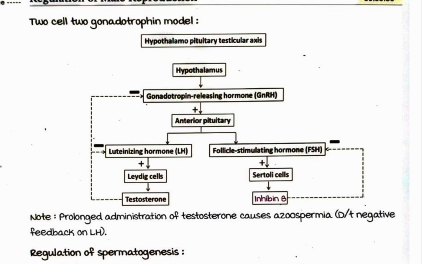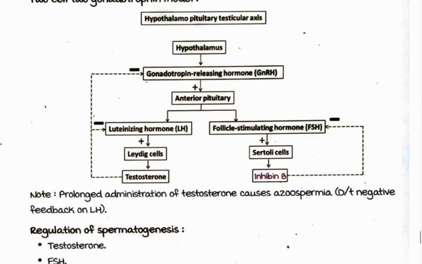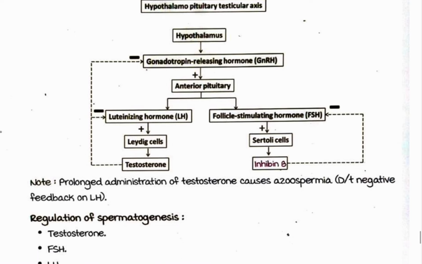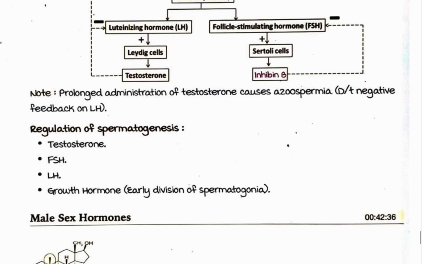Follicle stimulating hormone has a positive effect on Sertoli cells, causing inhibin to be released. Inhibin has a negative feedback effect on follicle stimulating hormone, and testosterone has a negative feedback mechanism on luteinizing hormone and also gonadotropin-releasing hormone. Prolonged administration of testosterone causes azoospermia due to negative feedback on luteinizing hormone.